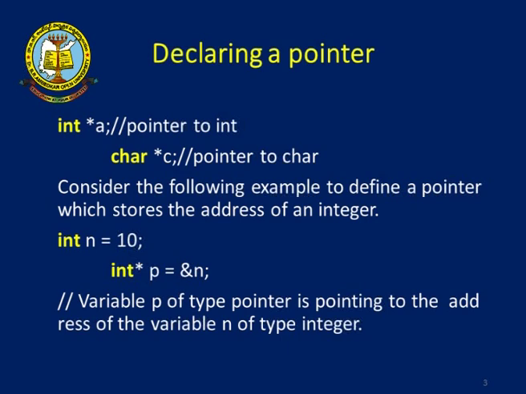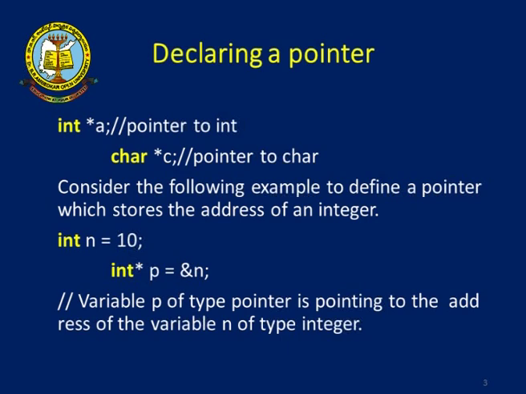int *p, here p is the pointer variable, and if you observe this assignment operator, address of n. You must understand from this statement that we are assigning the address of n to the pointer p. Here the pointer variable name is p. We are assigning the address of the variable n.